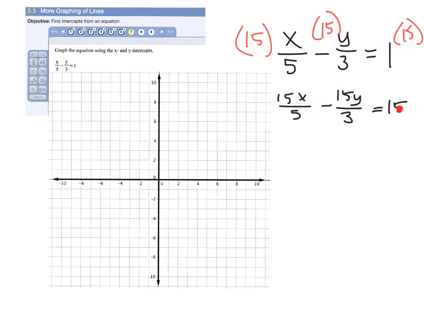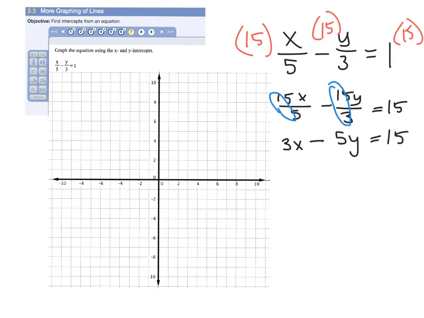This just has everything scaled up by 15, but they're still equal equations, right? Now what happens? Well, 15 over 5, that equals 3x minus, and then 15 divided by 3, that's 5y, and then the right side is just 15 because 15 times 1 was 15.